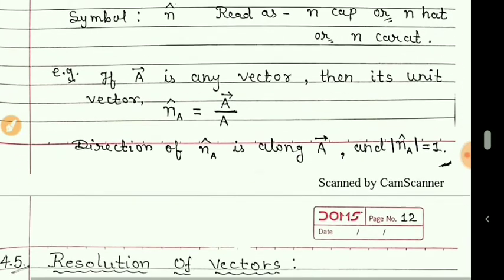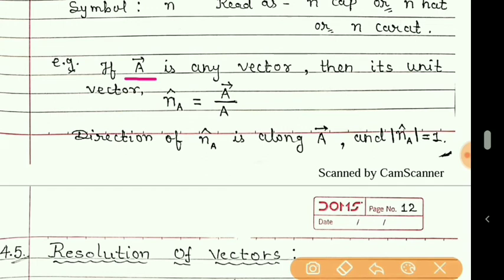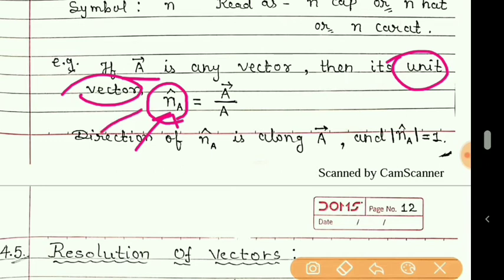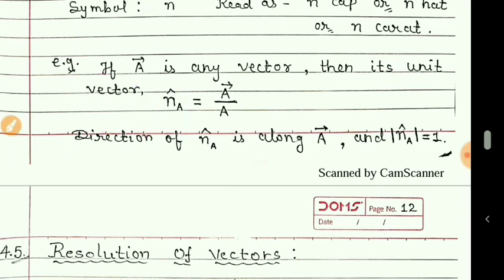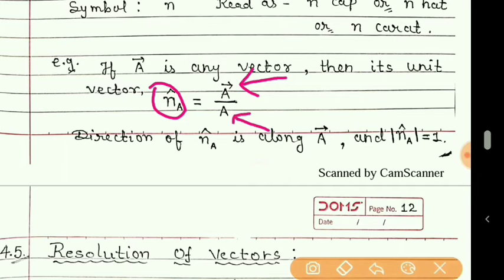Now as an example, suppose there is a vector A and we want to find its unit vector, that is the unit vector of vector A denoted by n A cap. This A is in subscript. So what do we have to do to find the unit vector of vector A? We have to divide a vector by its magnitude.